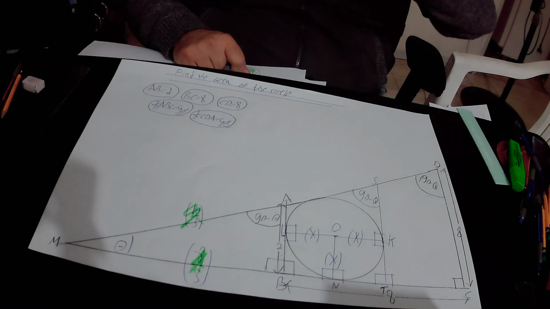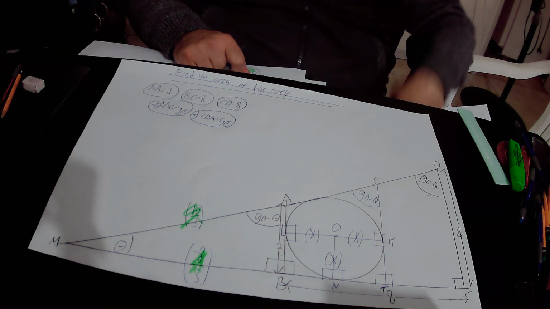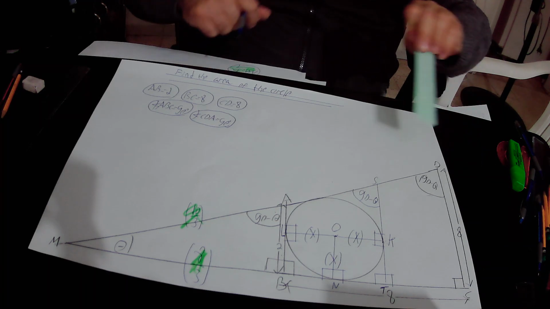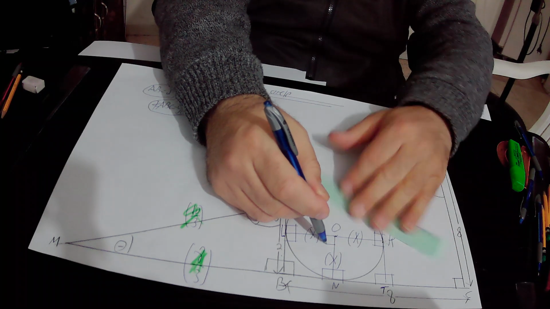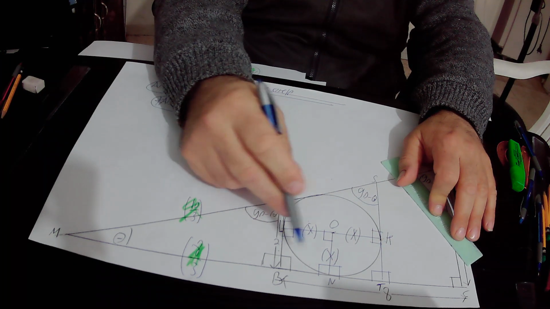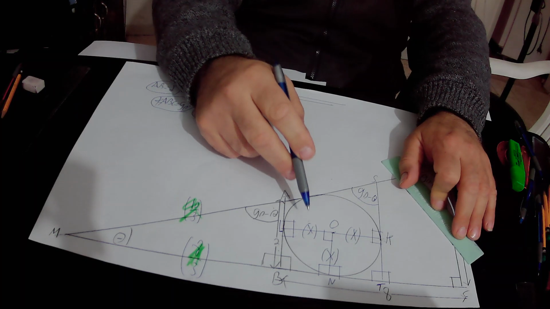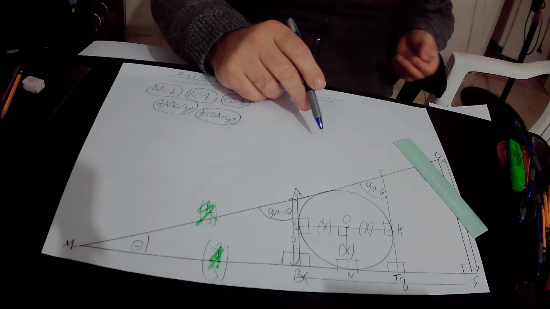In total, they must be equal to 360 degrees, according to the rule that the sum of the angles in any quadrilateral is equal to 360 degrees. So the missing angle here must be equal to 90 degrees.